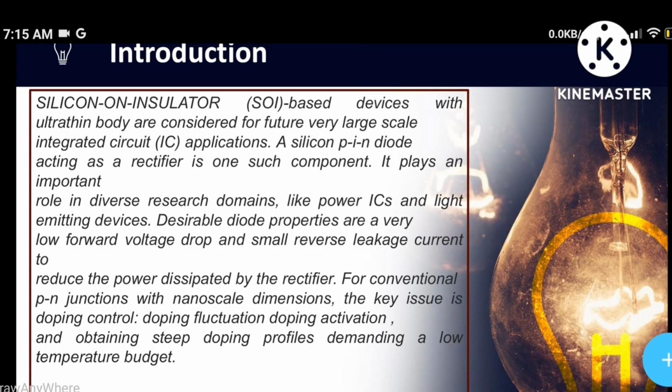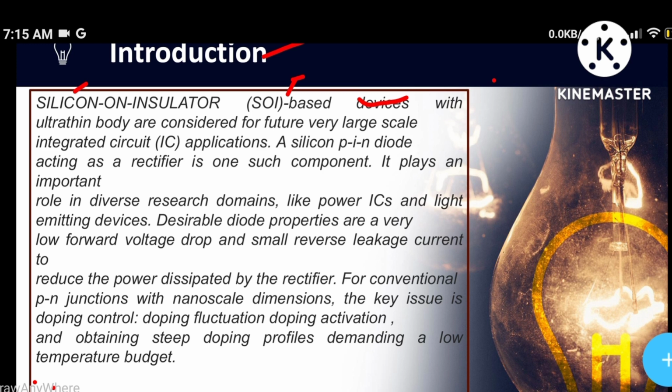Here is the introduction slide. Silicon on insulator, SOI, based devices with ultra thin body are considered for future large scale integrated IC applications.